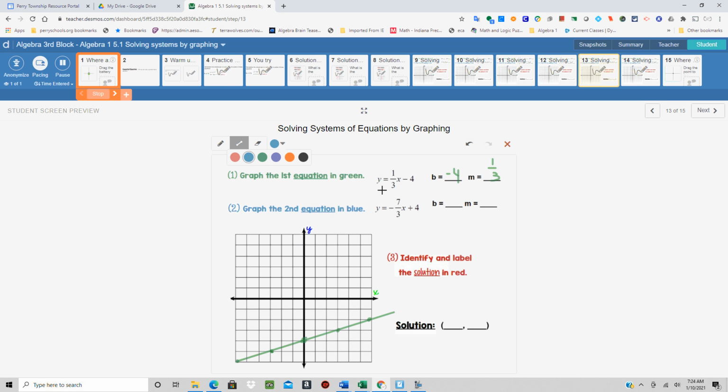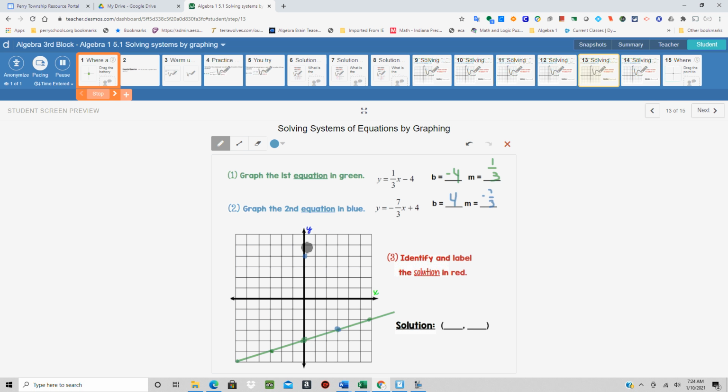My y-intercept is 4. My slope is negative 7/3. So begin at 4. 1, 2, 3, 4. I'm going to go down 7, right 3. 1, 2, 3, 4, 5, 6, 7, right 3.